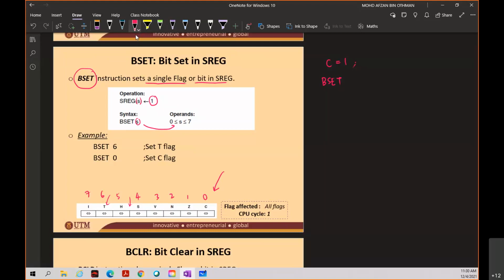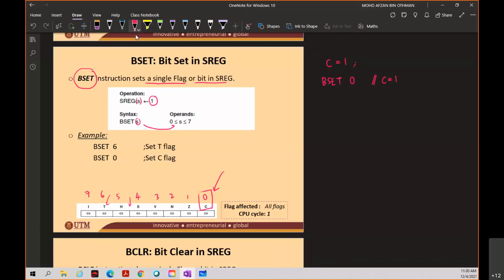Now you are going to set your C flag, so you just use BSET 0. Why 0? Because your C flag is at bit 0 inside your status register. So after you execute this instruction, what happens? C automatically becomes 1. So this is what the bit set does.